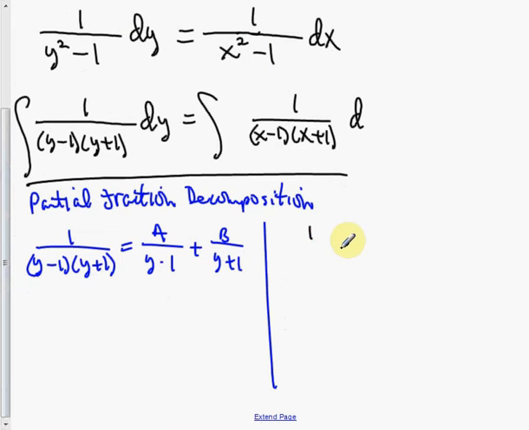So that's 1 over x minus 1 times x plus 1 is equal to a over x minus 1 plus b over x plus 1. I'll solve the blue, and since this is very similar, the same values will be for the a and b over here for the x's.